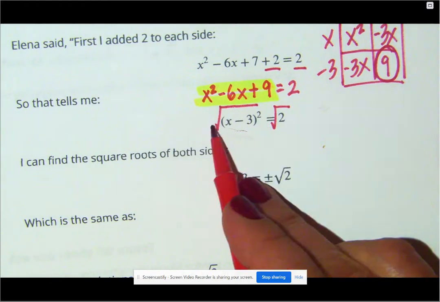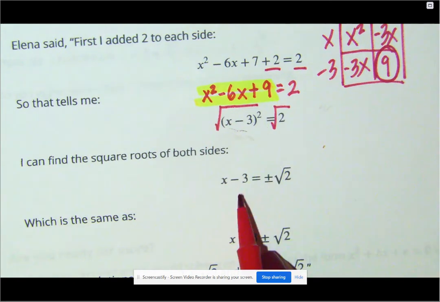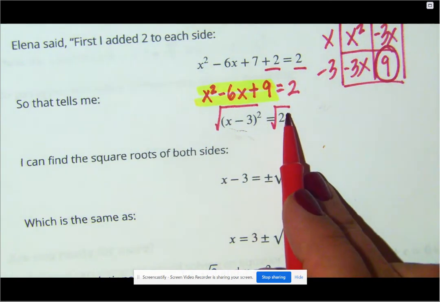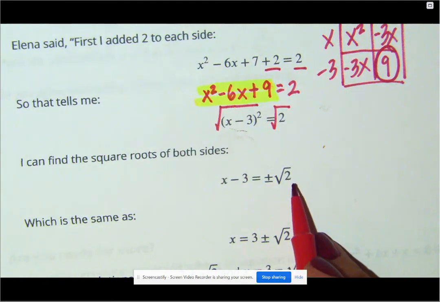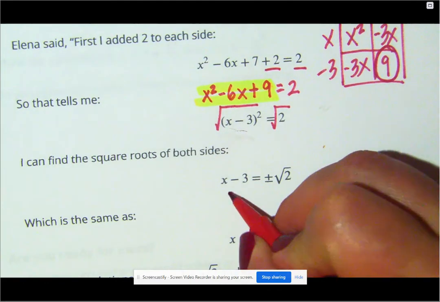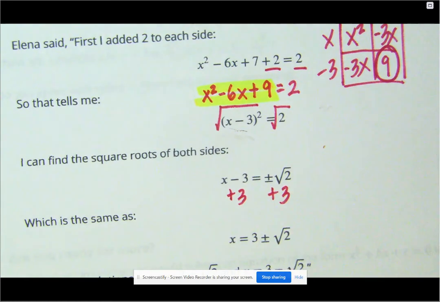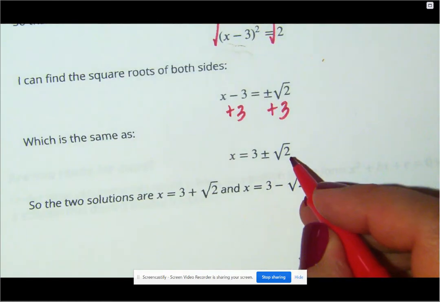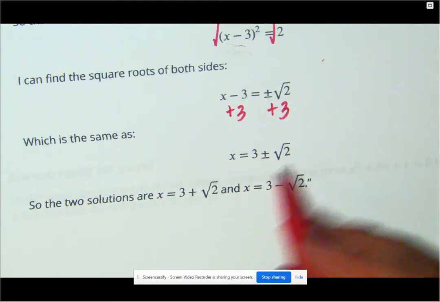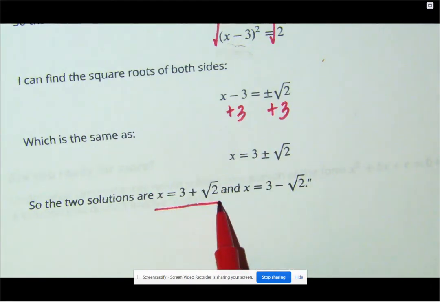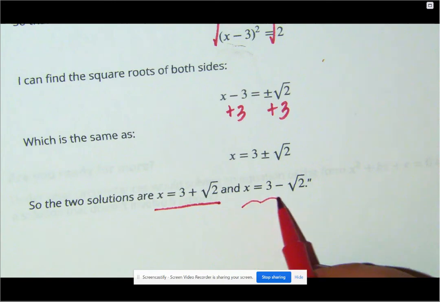So the square root undoes the square. So now we have x minus 3 equals either the positive answer to the square root of 2 or the negative answer to the square root of 2. And then she adds 3 to both sides and she leaves it. So the two answers are 3 plus the square root of 2 and 3 minus the square root of 2.